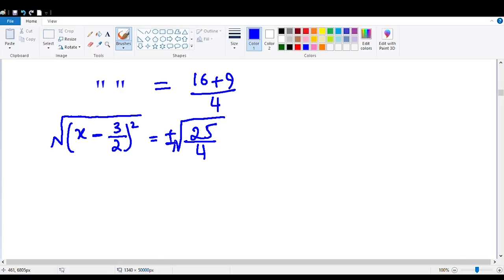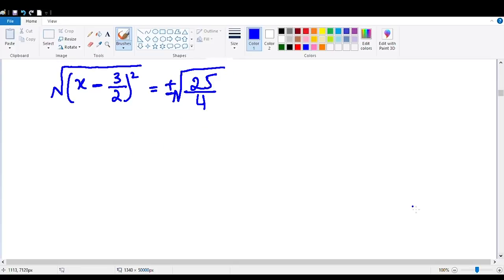So this will be x, the square is gone now, so it'll be x minus 3 over 2 equals plus minus 5 over 2, as 5 squared is 25 and 2 squared is 4, so when you take the square root you'll get 5 over 2. Now, to get the value of x, you'll need to send minus 3 over 2 to the other side. When it goes to the other side, its sign will change. It'll become plus 3 over 2.